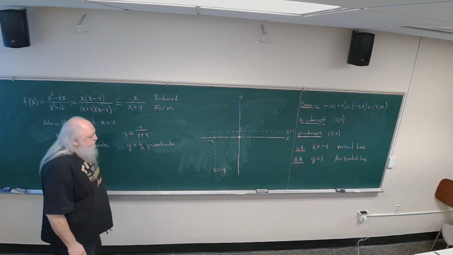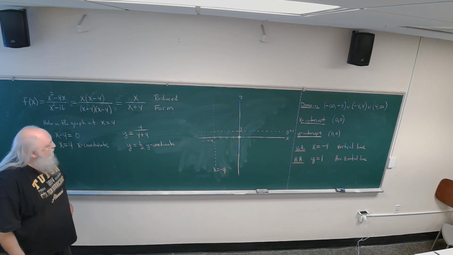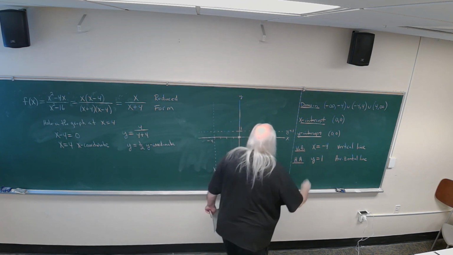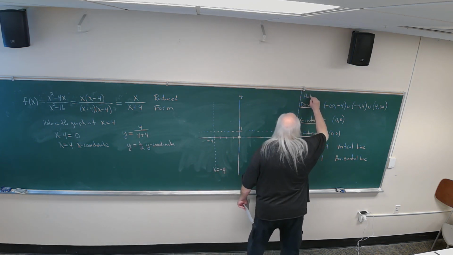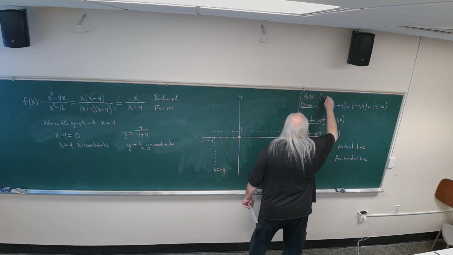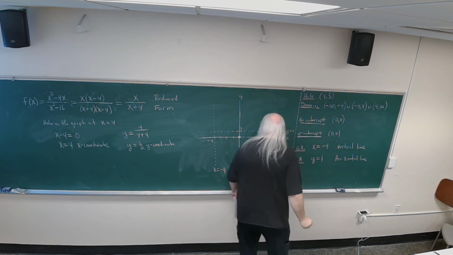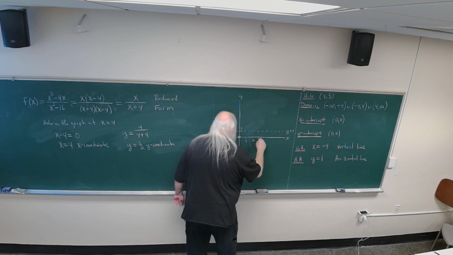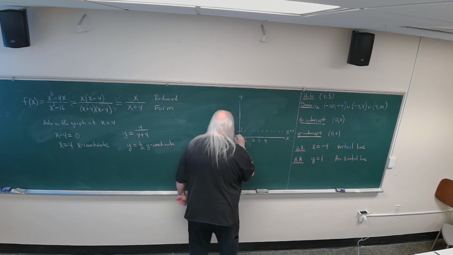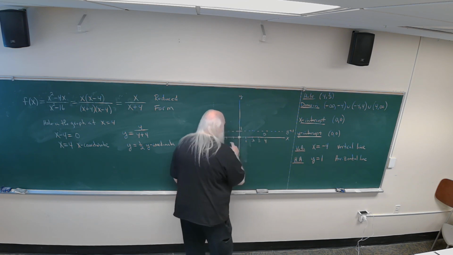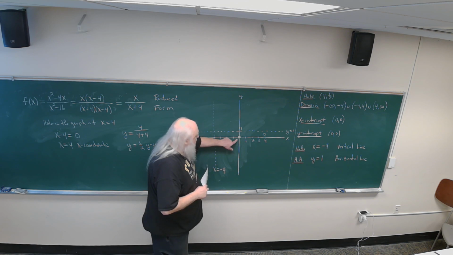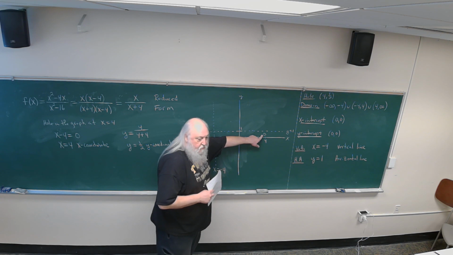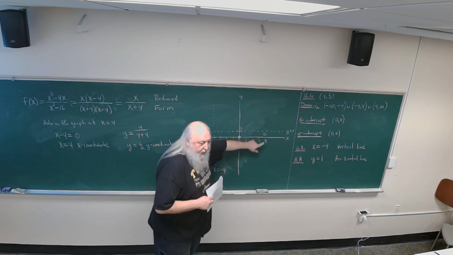So we can put a circle there. And lastly, the hole in the graph is at the point 4, comma 1/2. So to plot that point, you go to x equals 4, and then up 1/2 unit, and y equals 1/2 is between the origin and y equals 1, and you graph the open circle at the point 4, 1/2.